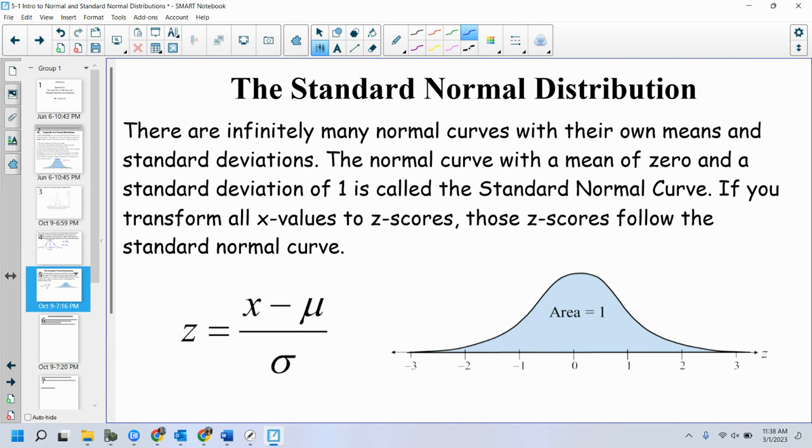And then you can say, well, if a student scored a 450 in New York and a 780 in Ohio, maybe the z-score from New York came out to be 1 and the z-score from Ohio came out to be 1.75. I'm just making these numbers up. Well, then you would know that the student with the z-score of 1.75 performed better than the student with the z-score of 1, because it's a higher z-score. You can compare them a little bit easier.